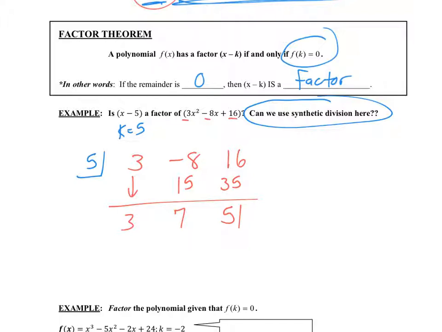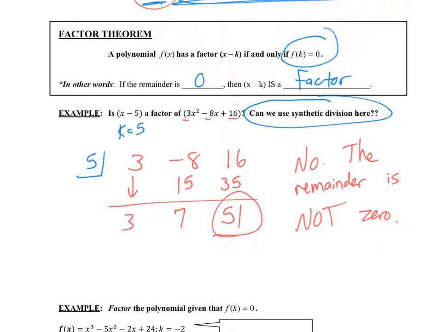The answer is no, and the reason why is there is a remainder, or we'd say the remainder is not 0. So our remainder was 51.